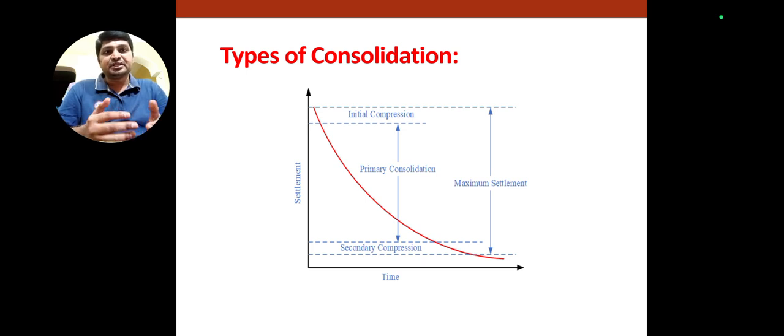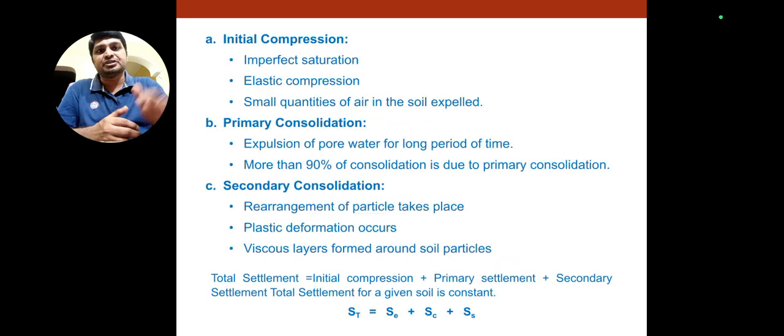Initially there is no expulsion of the water, and a very small amount of settlement occurs due to applying of the load. But in primary consolidation and secondary consolidation, some amount of water is expelled from the soil mass. That is the difference between the initial, primary, and secondary consolidation processes.